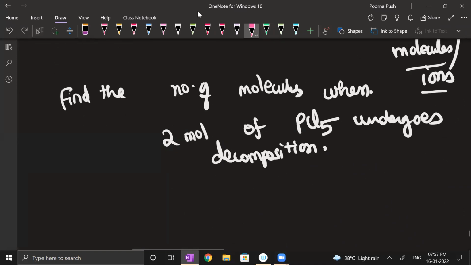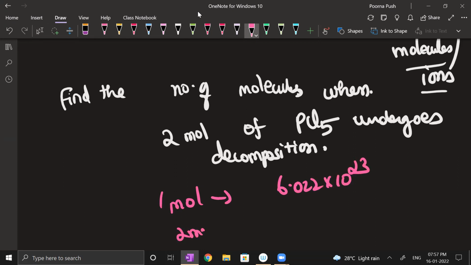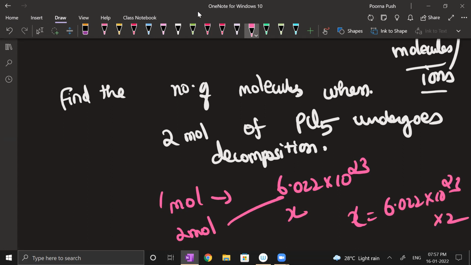For 1 mole, the number of molecules is the Avogadro number. So for 2 moles, you just multiply: 6.022 into 10 power 23 into 2, which is 12.044 into 10 power 23 molecules.